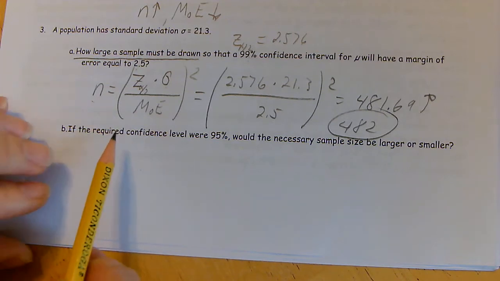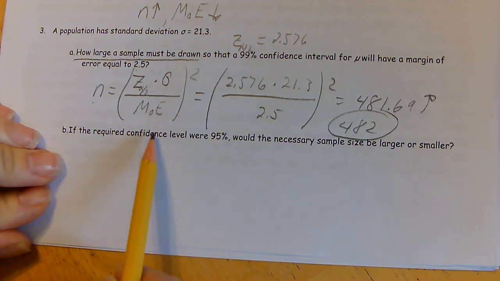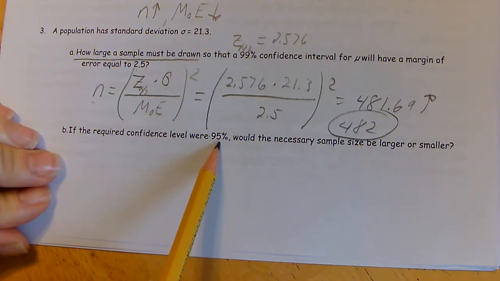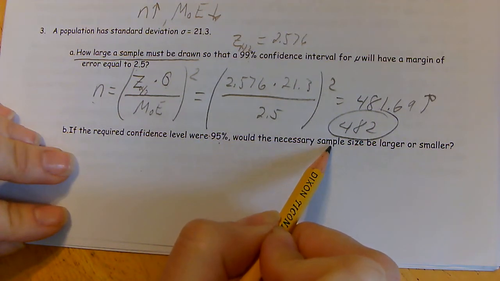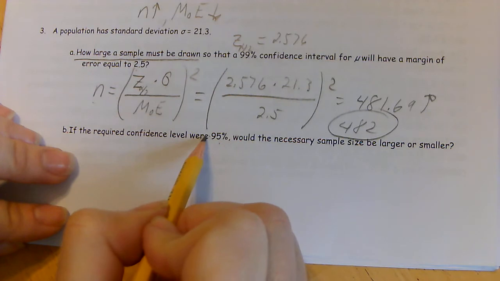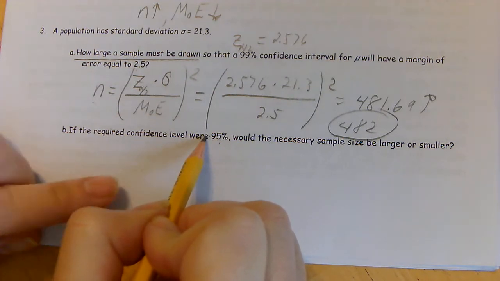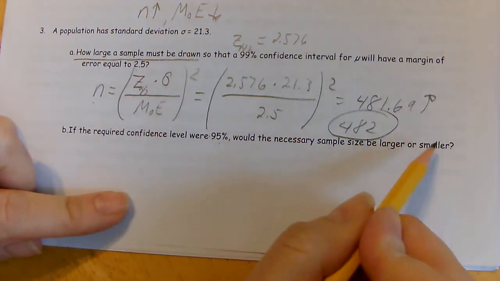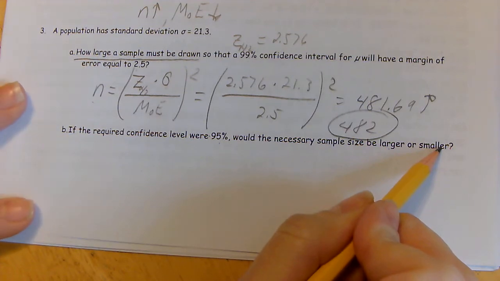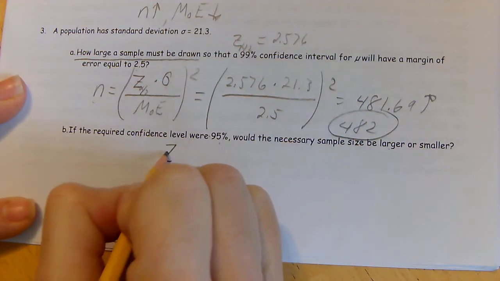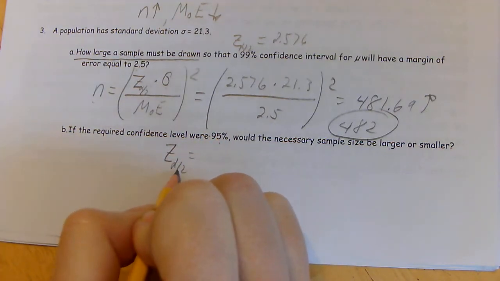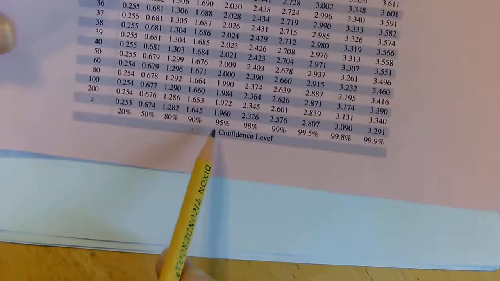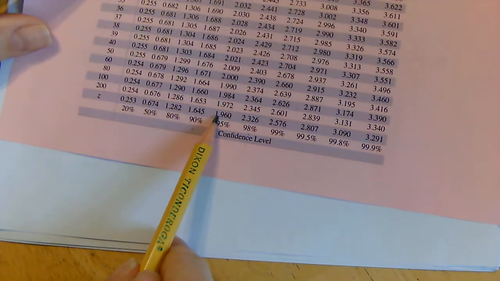B, if the required confidence level was only 95%, would the necessary sample size be larger or smaller? If we're reducing our confidence, is our sample size going to be larger or smaller? The only thing that's going to change is our critical z-value for 95%. It's going to go to 1.960.